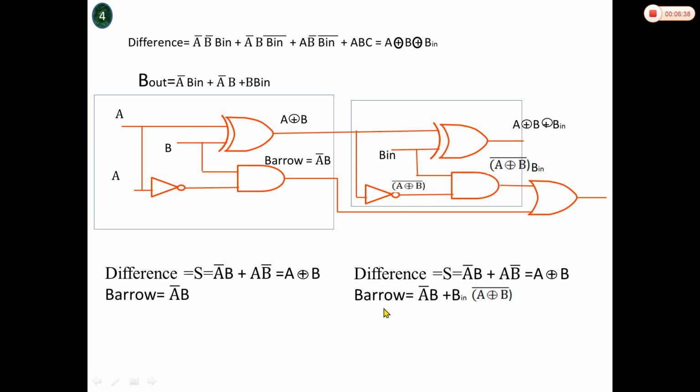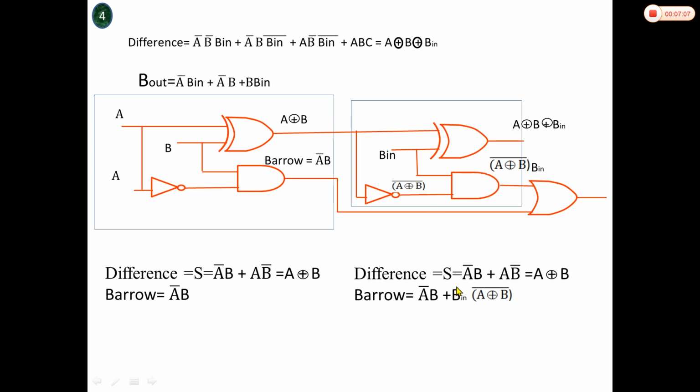And the borrow output is A exclusive NOR B. Here we get the exclusive OR, that is A exclusive OR B. Here we got the A exclusive NOR, that is A exclusive OR B whole bar. So here we connect the NOT gate to get the exclusive NOR operation of A and B, that is A exclusive NOR B, that is A exclusive OR B whole bar, that into B in.